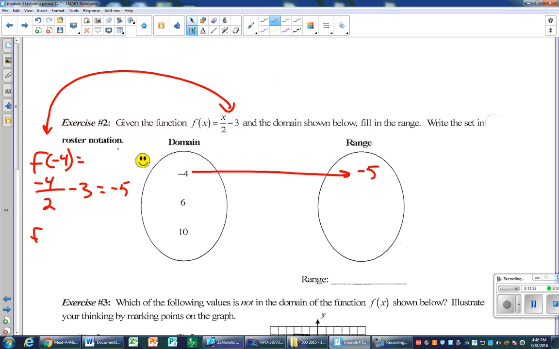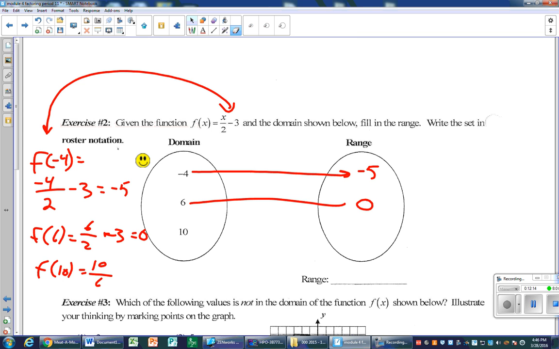Now if I plug in 6, f of 6 equals 6 over 2 minus 3, that's 0. And if I plug in a 10, f of 10 is 10 over 2 minus 3, which is 2.